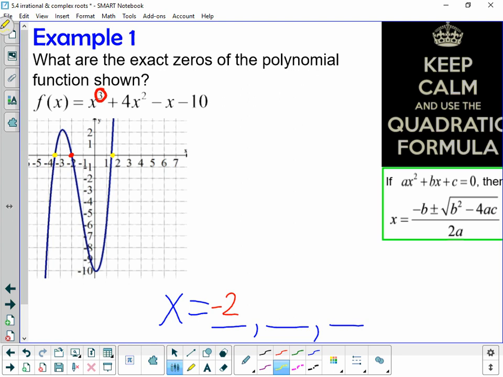We could estimate them, but the question says it wants to know the exact zeros, so we need to be a little bit more precise than just estimating. Well, if we know one of the roots, just like we learned last time, we can use that root to divide the polynomial. And we'll use synthetic division for this.